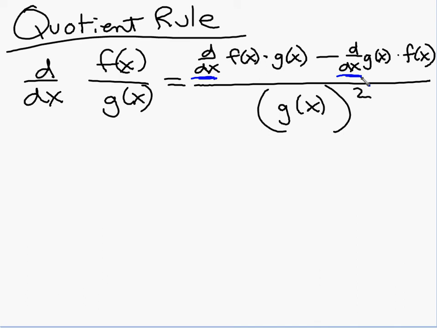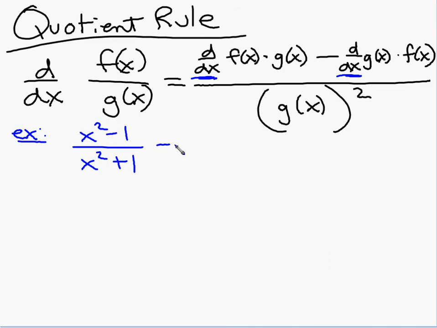So, if I wanted to do the derivative of a rational function, let's just do it right here. Let's say that I had x squared minus 1 over x squared plus 1. And I wanted to do the derivative of that quotient.